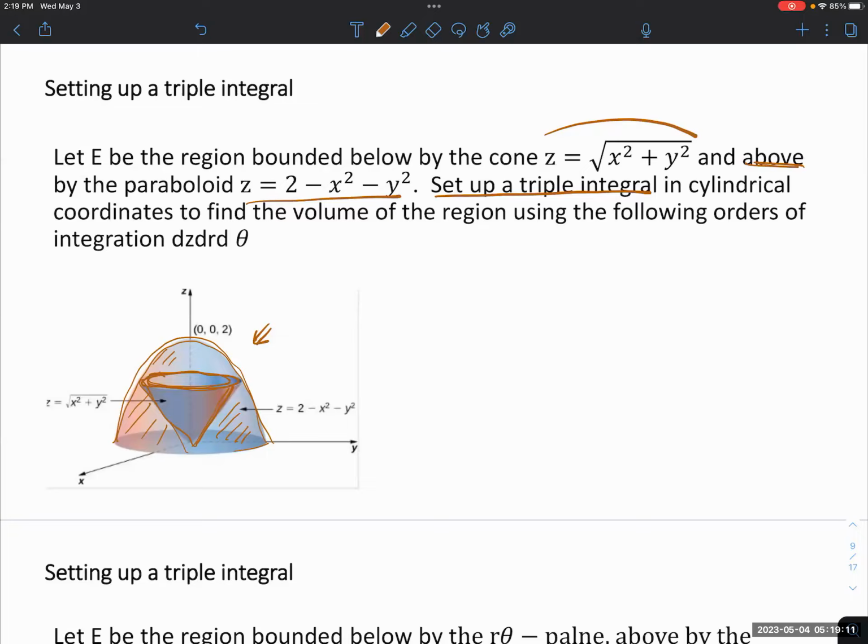Let me just think about it. We have a couple of equations. This is the equation for the cone. This is the equation for the parabola shape. Everything is in three-dimensional space of cone and parabola, and they're looking for the intersected area between them.